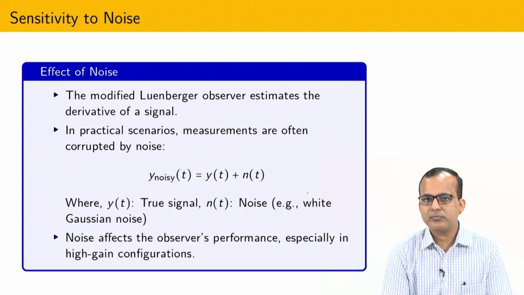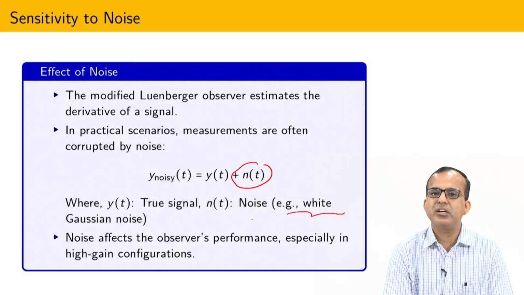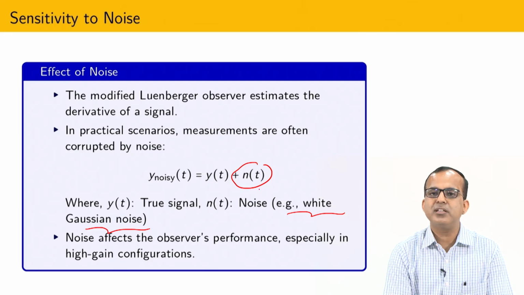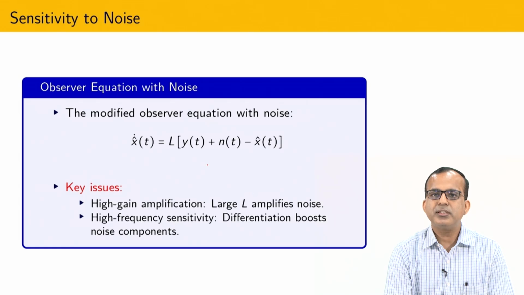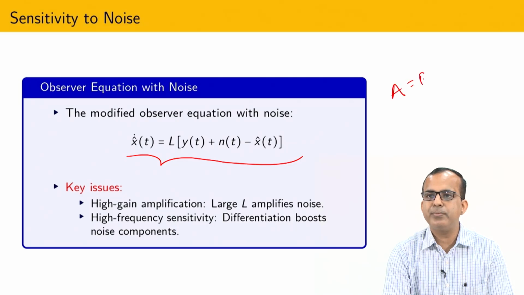Now, it is possible to show that this kind of differentiator is highly sensitive to noise. So here I have taken some kind of noise. You are free to select white Gaussian noise, and we are trying to understand the effect of noise whenever we are trying to develop some kind of differentiator. So this is the equation. Again, what I have done, we have kept A and B equal to 0 in case of the Luenberger observer.